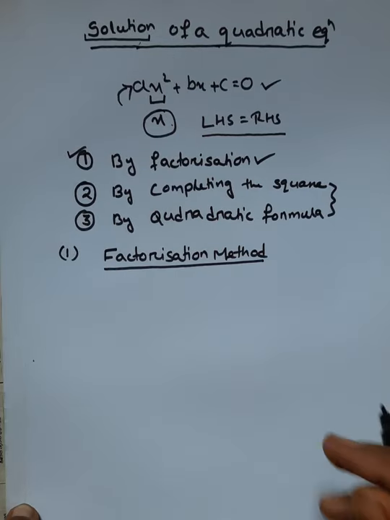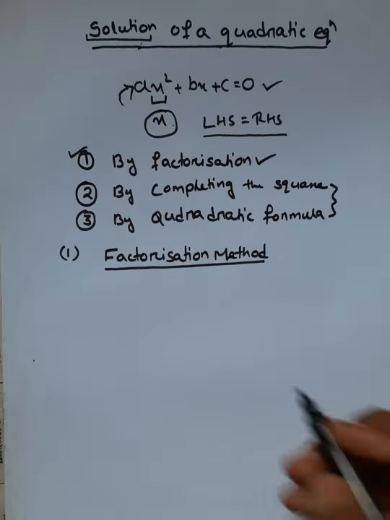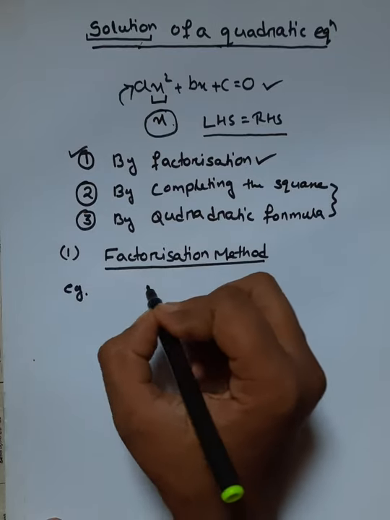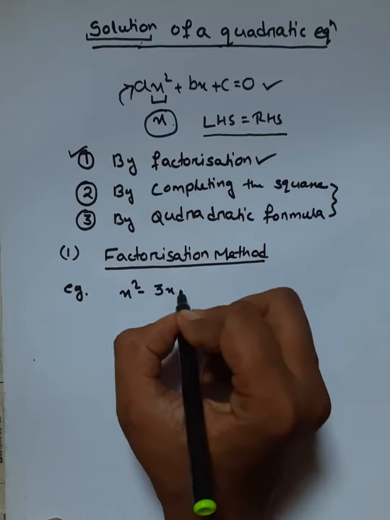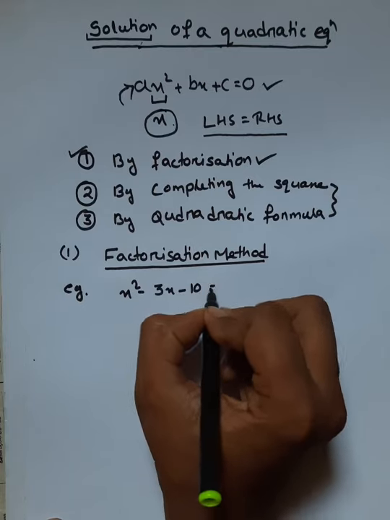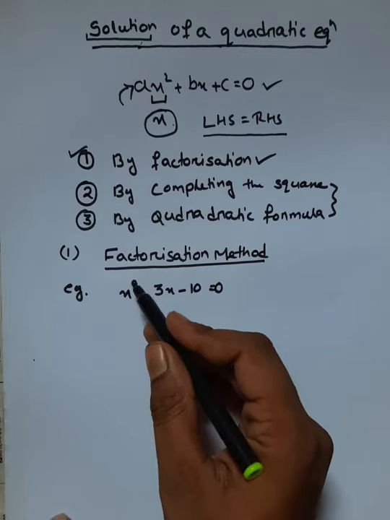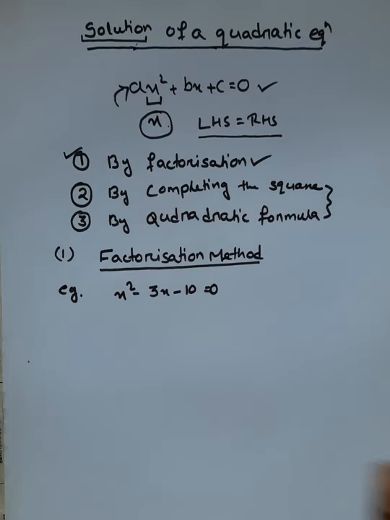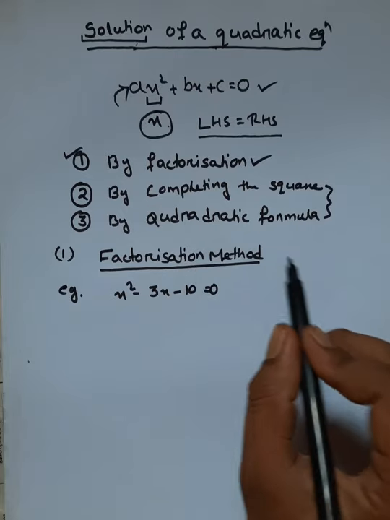See how we can solve a given equation by this method. Let us take an example. Let the equation be x square minus 3x minus 10 is equal to 0. This is a quadratic equation because the highest power is 2. It is given to solve this equation by factorization method.